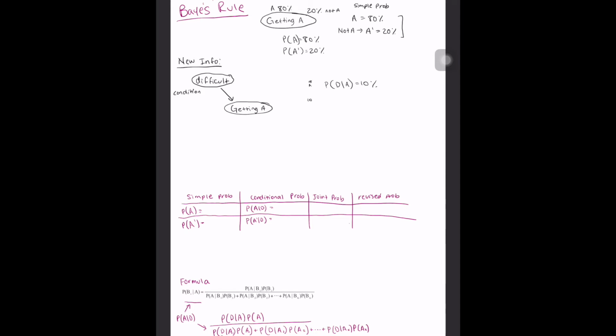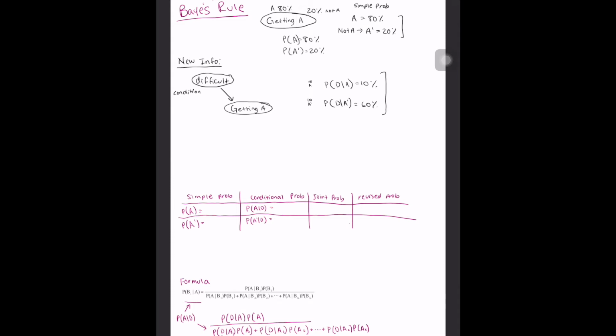And let's say you ask another 10 people who did not get an A whether they took a difficult class, and you find out that 60% of them took a difficult class even though they did not get an A. Okay, so now this is your information.